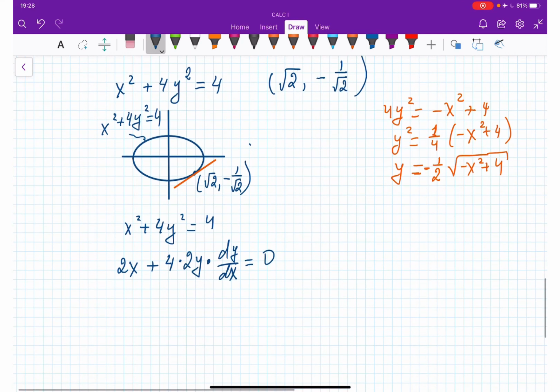So we have 2x plus 8y dy by dx equal to 0.